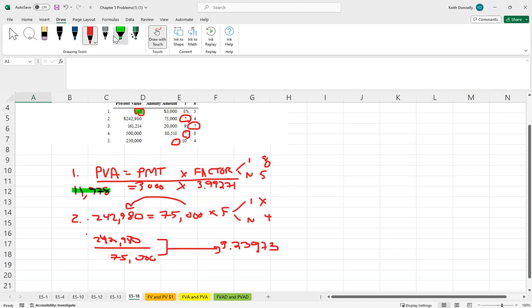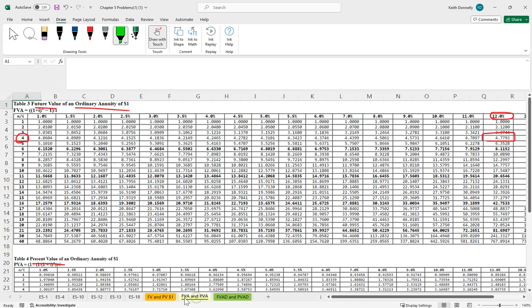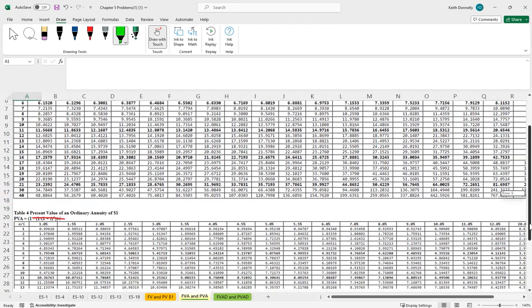What do you do with this? I mean, we're looking for this guy right here. How does this even get us there? Well, essentially what it's looking at is the factor. That's the factor. So we're going to use the 4 on this table. It would be the present value of an annuity.